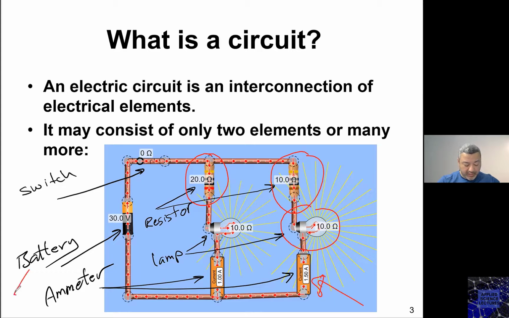We have the batteries, and this is a switch. We will come later on to a demonstration where we show the circuits and some of the elements using one of the software packages that are available, in addition to the Tinkercad that you will be using in the lab. This is a simpler software available from Colorado University.